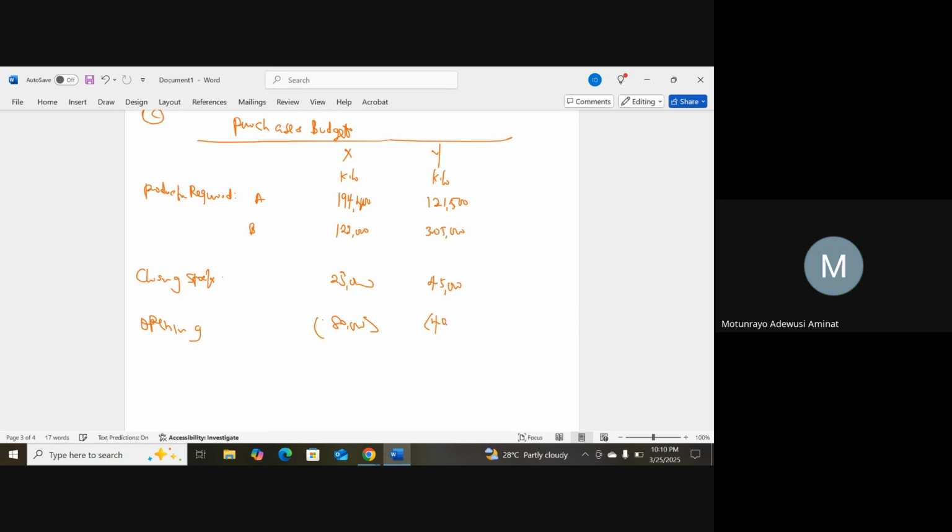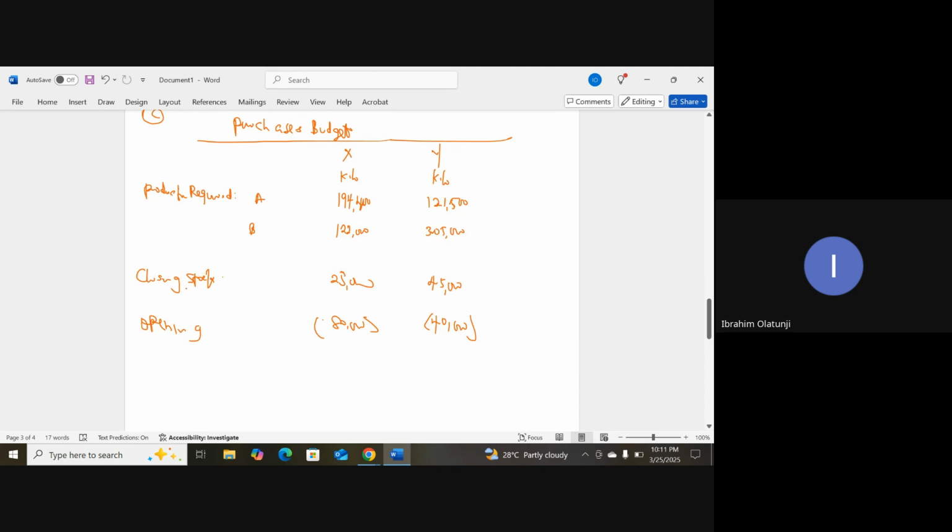So if you look at this now, you discover that it's not really different from the production budget. Just that for the production budget, I use sales, then I add closing stock of finished goods and less opening stock of finished goods. But for the purchases budget, I start with production required, which is already calculated.